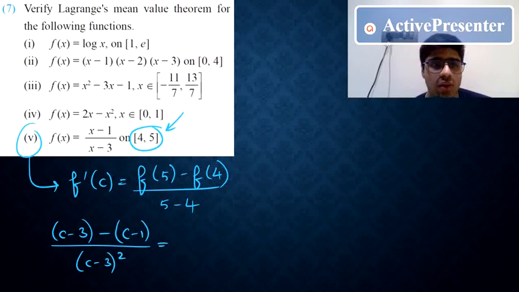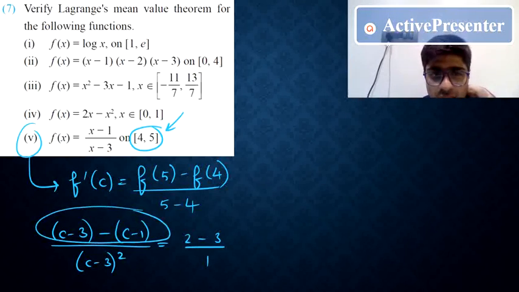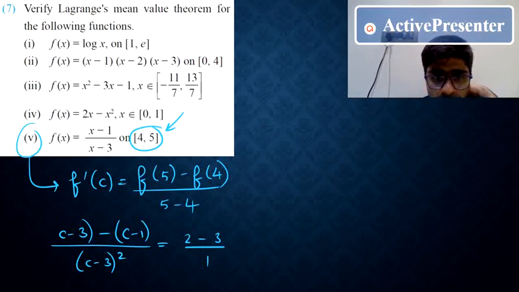F of 5 will be 4 upon 2, which is 2, minus f of 4, which will be 3 upon 1, which is 3, divided by 5 minus 4 which is 1. c minus 3 minus c minus 1 makes it c minus 3 minus c plus 1.